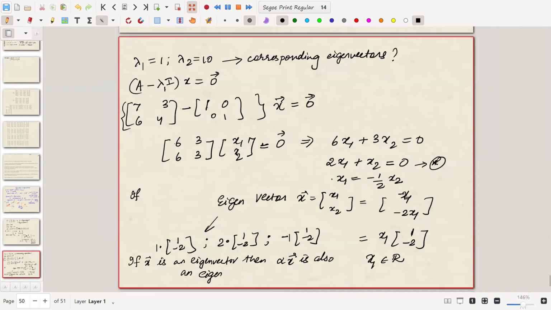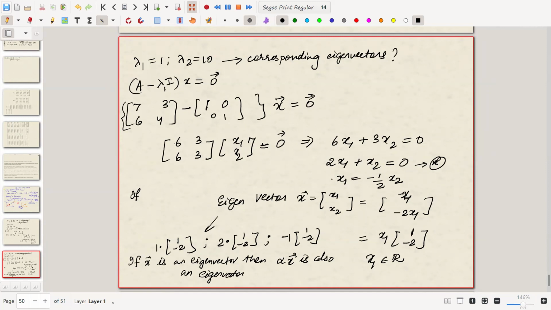That's what we saw, right? We got the eigenvector to be x1 multiplied by the vector (1, -2), and x1 can be any real number. So you can have infinitely many eigenvectors. If x is an eigenvector and alpha is a constant, alpha times x is another eigenvector. Alpha can be any real number.